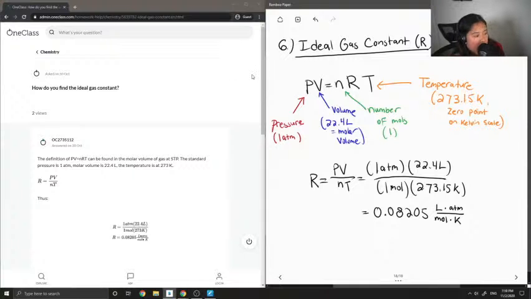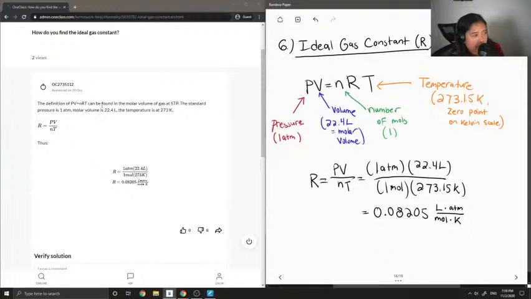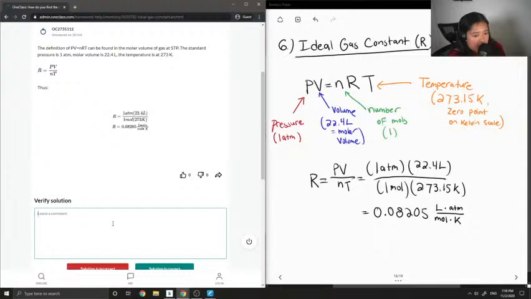Let's see the answer from our junior tutor. Definition of PV equals nRT can be found in the molar volume of gas at standard temperature and pressure. The standard pressure is 1 atm, molar volume is 22.4, and the temperature is 273 Kelvin. Okay, so they got the same value.